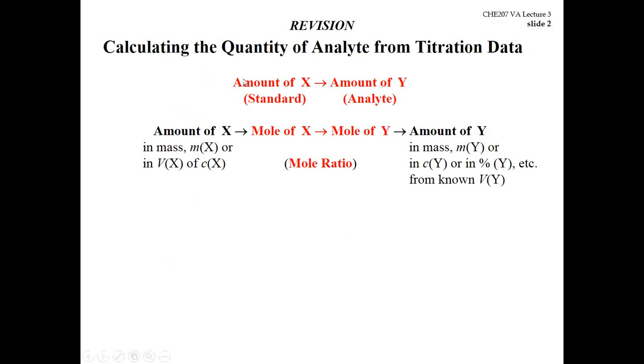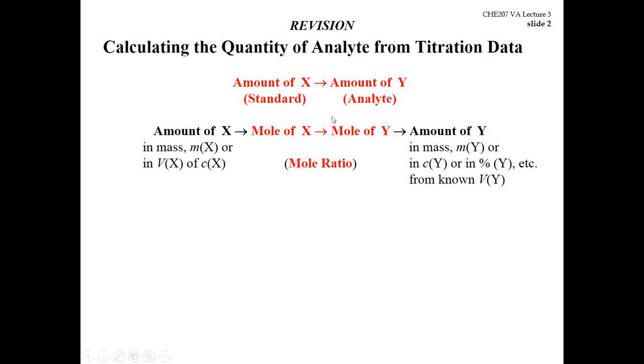So for the calculation for the quantity of analyte from titration, in general, we know the amount of the standard. We have to calculate the amount of the analyte. The standard is given in terms of mass or volume and concentration.